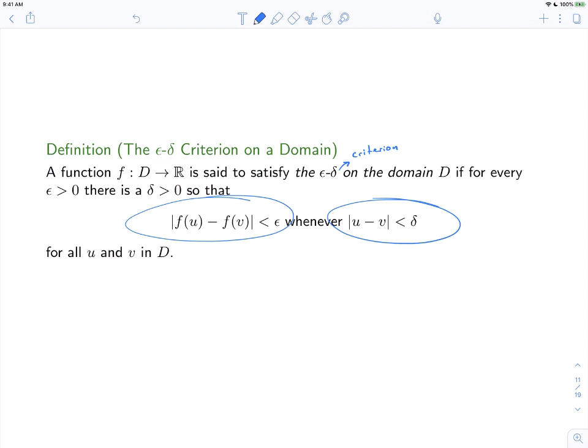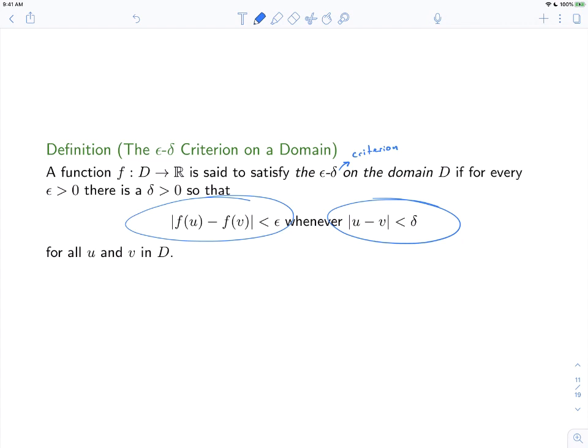The point here is that there's no restriction on what u and v are, other than they're really close together. We're not looking at a specific point, we're just looking at any 2 points u and v in the domain. So if you grab any 2 points anywhere in the domain, if they're within delta of one another, then their outputs are within epsilon of one another.